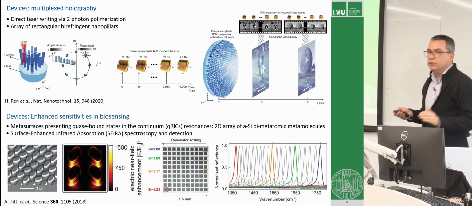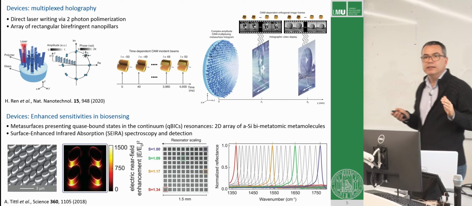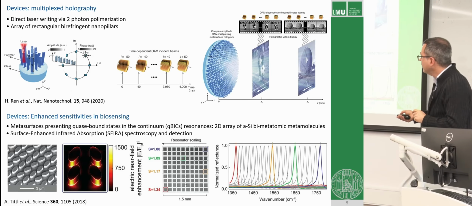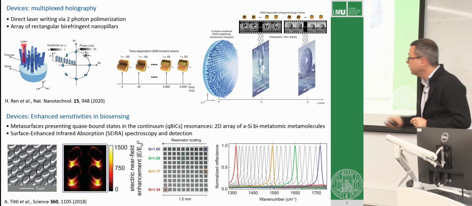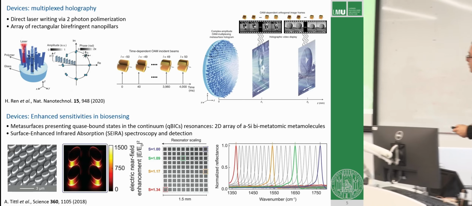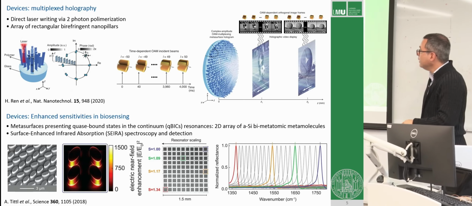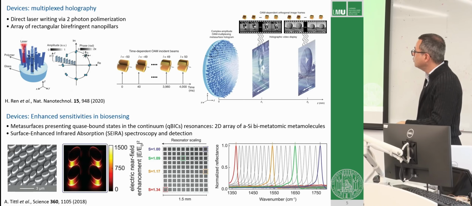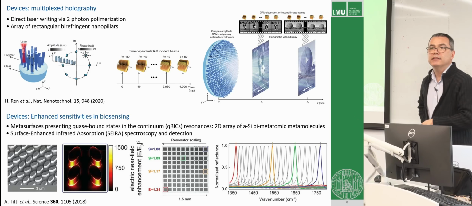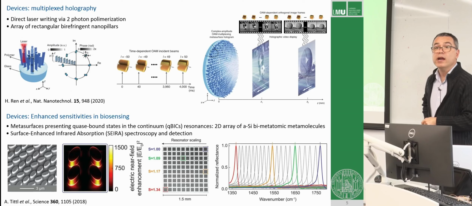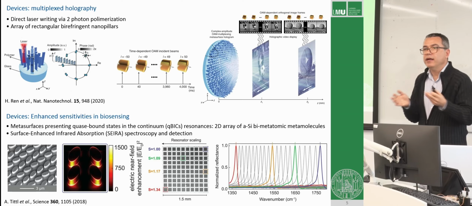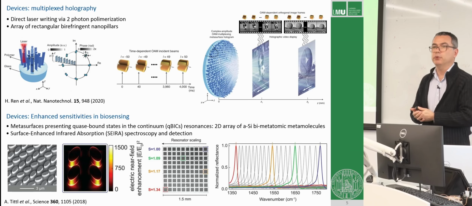This means that these resonances also bring some enhancement of the electric field at given positions of this metamolecule here, indeed in this case a diatomic metamolecule, right? And one interesting thing is that you can tune these resonances to the middle infrared region of the spectrum, where many molecules, many important molecules have their infrared absorption fingerprints.